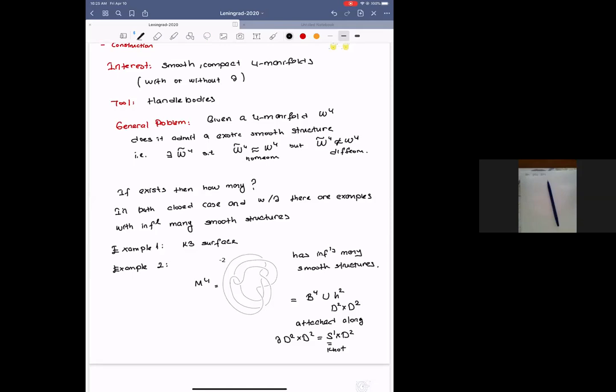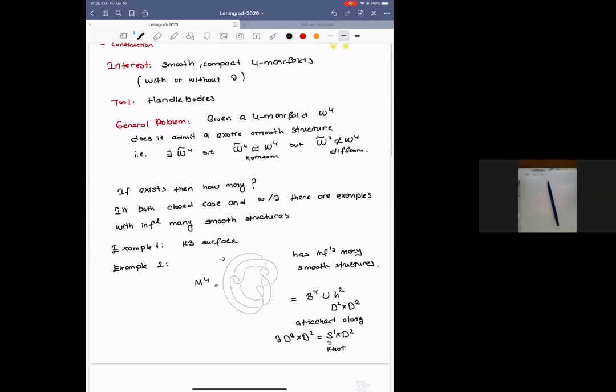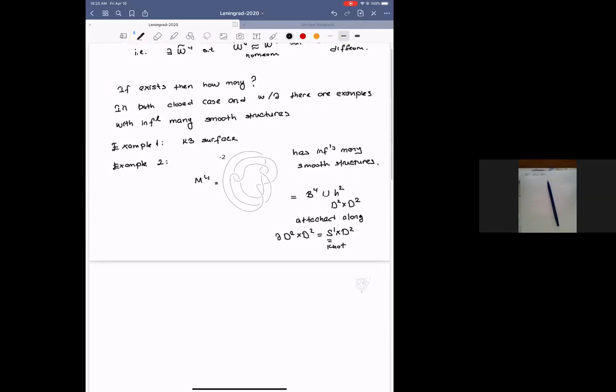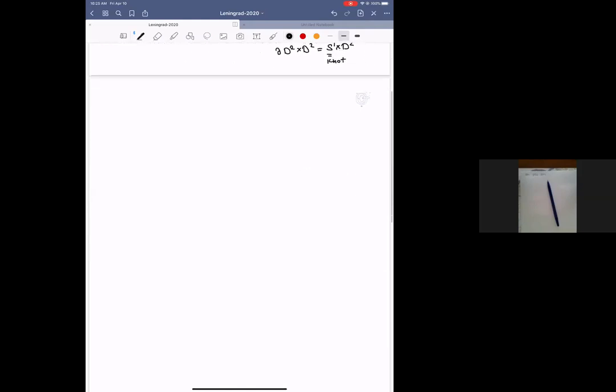Yeah, sure. So those are two examples. And the second example, I'm going to tell more about it very soon. And now, open problems. These are the motivations of the field.